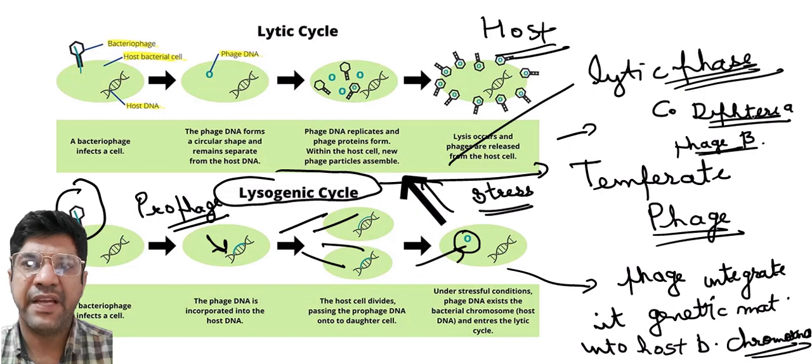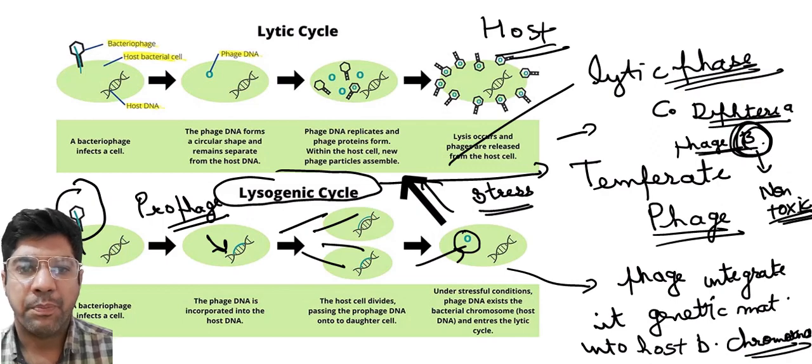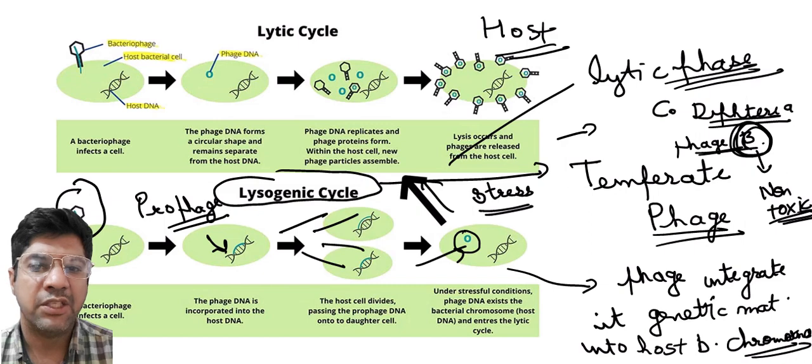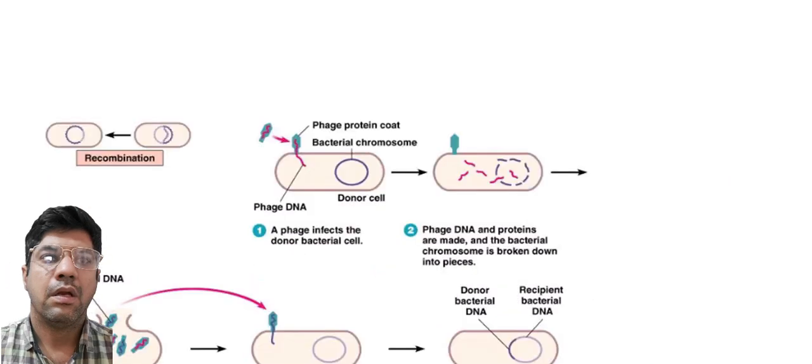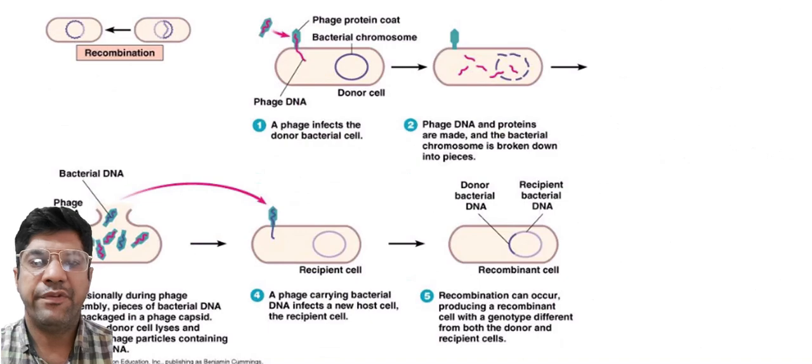So removing the phage from a toxigenic strain makes it non-toxic. So prophages are bacteriophage genomes that have integrated into the bacterial chromosome or exist as plasmids within the bacterial cells. Now, transduction can be of two types.